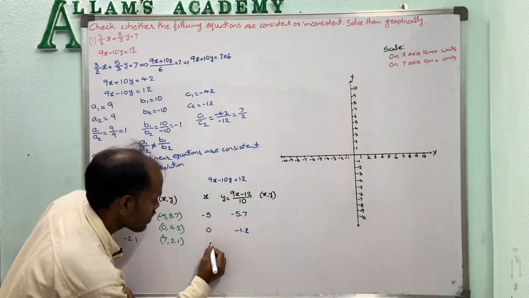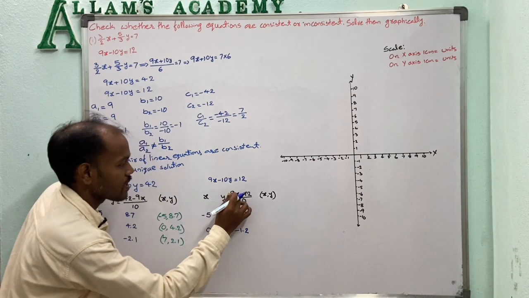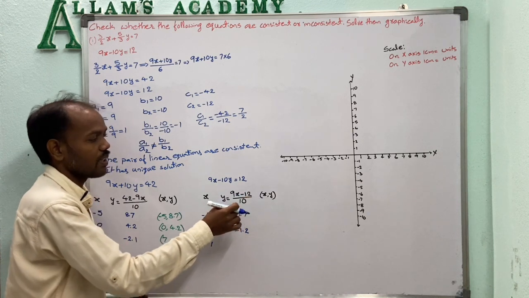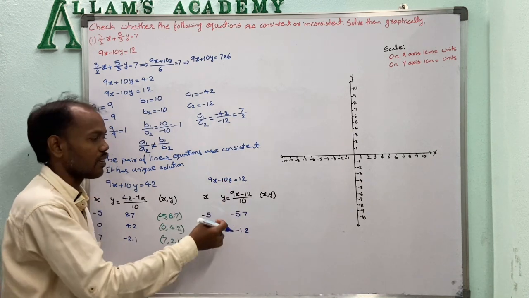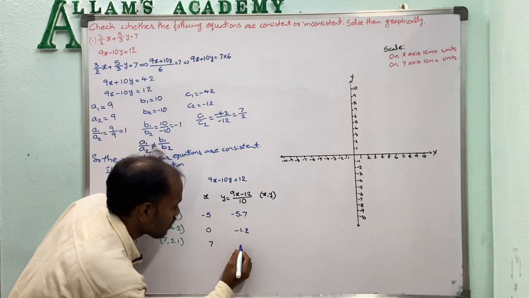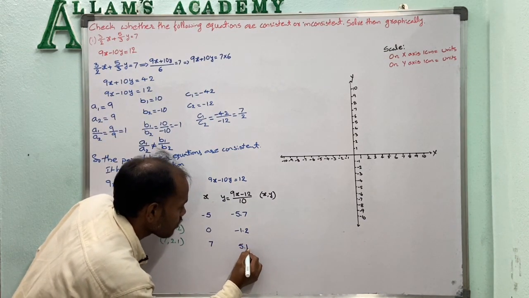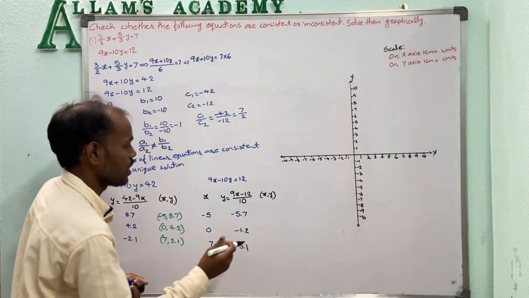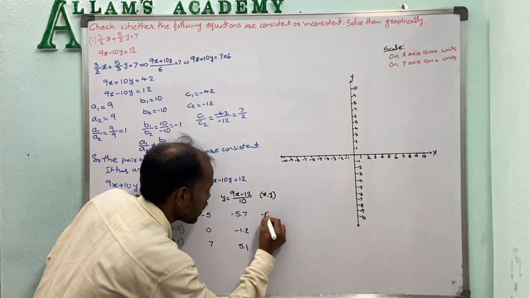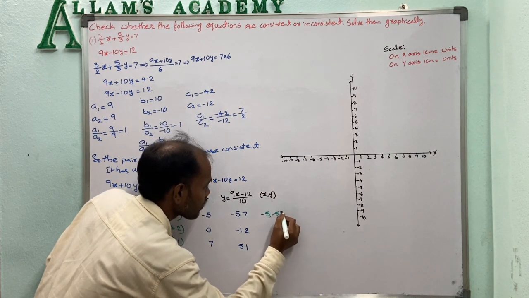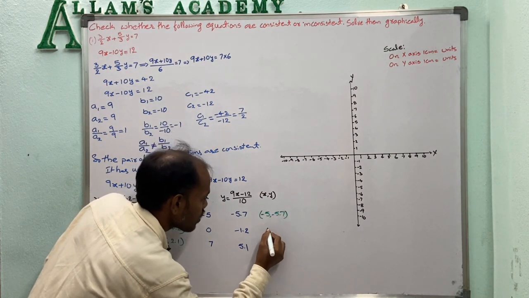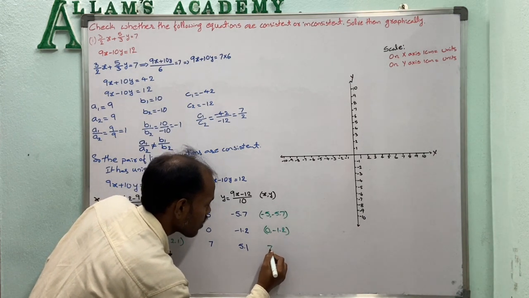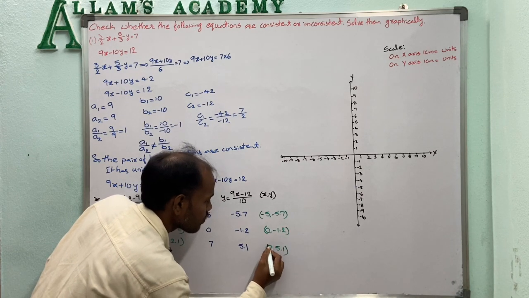If we substitute x equals 7, 9 sevens are 63, 63 minus 12 equals 51, 51 by 10 equals 5.1. So the points are minus 5 to minus 5.7, 0 to minus 1.2, and 7 to 5.1.